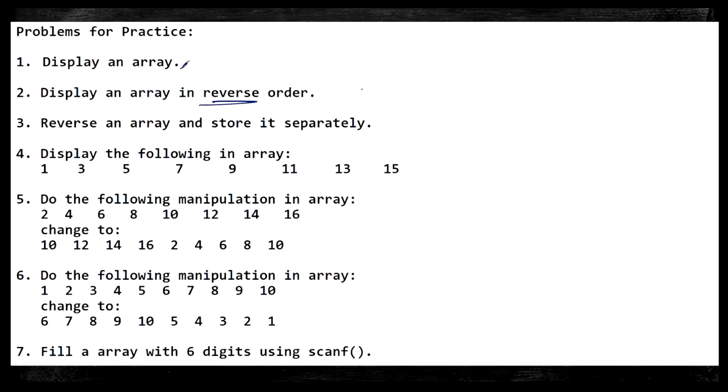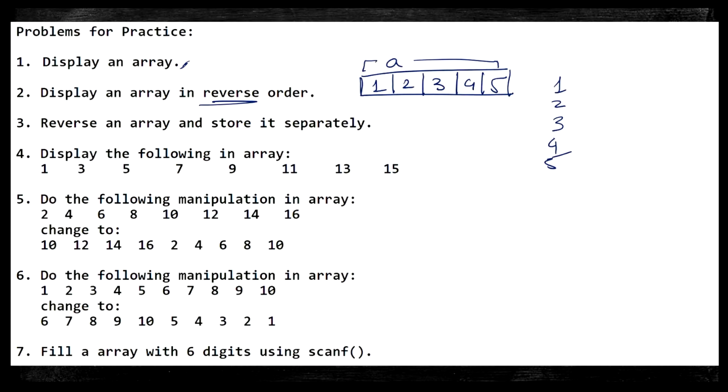So up to now, if this was my array of 1, 2, 3, 4, 5, and the array name is a, when I displayed it, it always came 1, 2, 3, 4, 5. Right, in the previous program only we see, but this time it is asked us to display the array in reverse manner, that is 5, 4, 3, 2, 1.